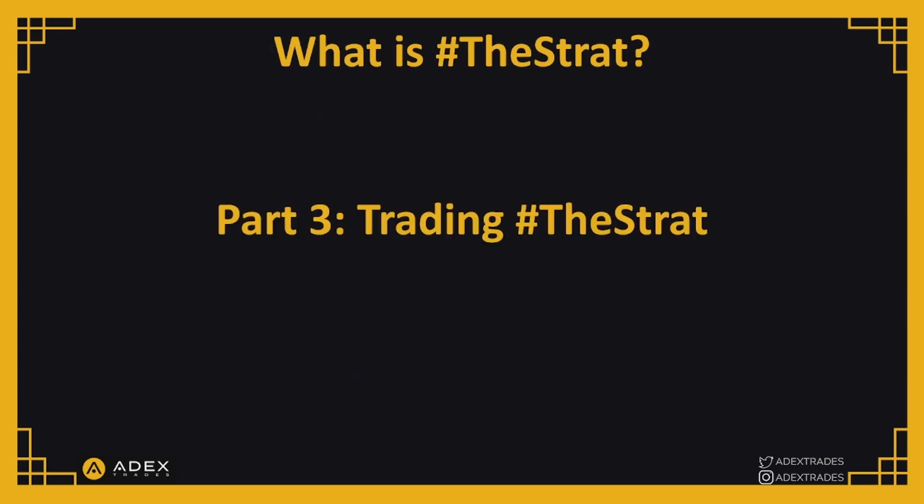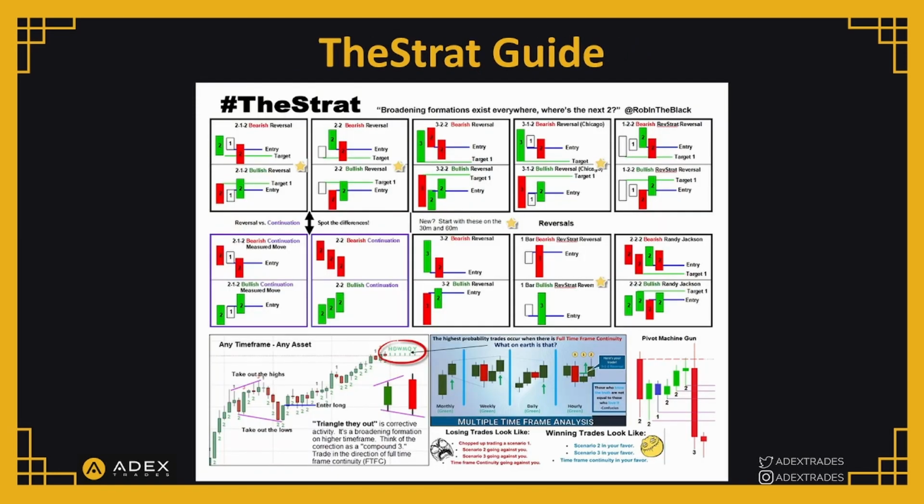All right, so part 3, trading the strat. This is the strat guide, and make sure you download it. We have it in the strat resources. Make sure you memorize it. We want you to understand why these actionable signals do what they do and how you're able to trade them.